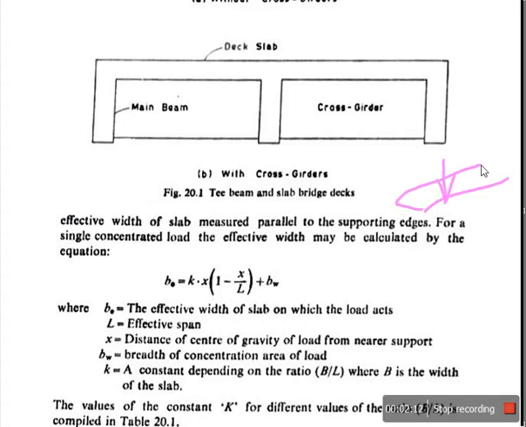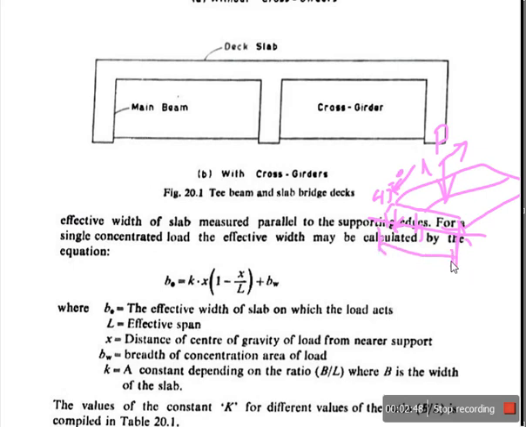Let us say the slab has a width B and a length L. When you apply a point load of P kilonewton on the slab, the load will disperse at a 45 degree angle along the slab thickness. So the effective width at the bottom has to be taken into consideration when calculating the net loading.